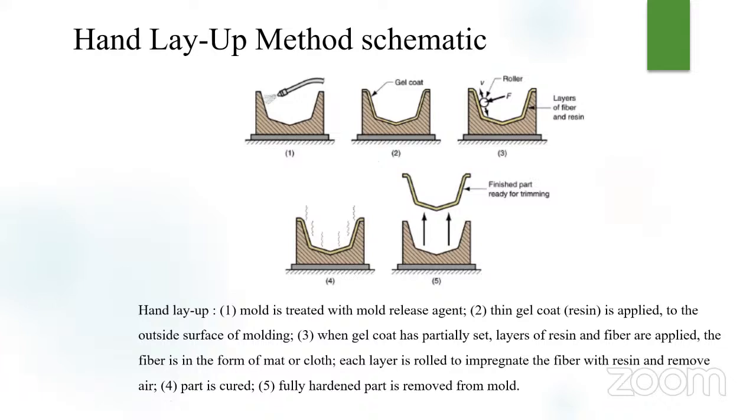But for hand layup, yes, in compression you have a different process. But for hand layup, I think we are adding that hardener. It's a liquid reaction kind of process. Through reaction it becomes hardened. Yeah. Okay.